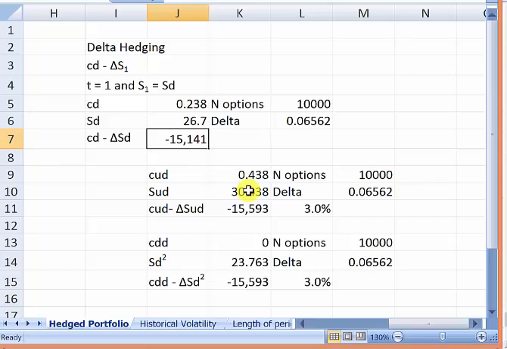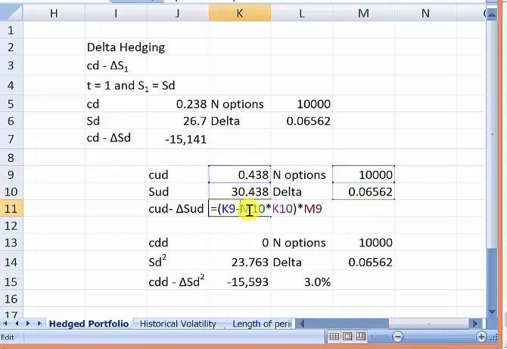This liability only grows at 3%. Now in the up state, going down and then up, the call becomes 43.08 cents, and the stock value is 30.438. Still we have this delta and the number of shares in the option, and then we can calculate this liability position.